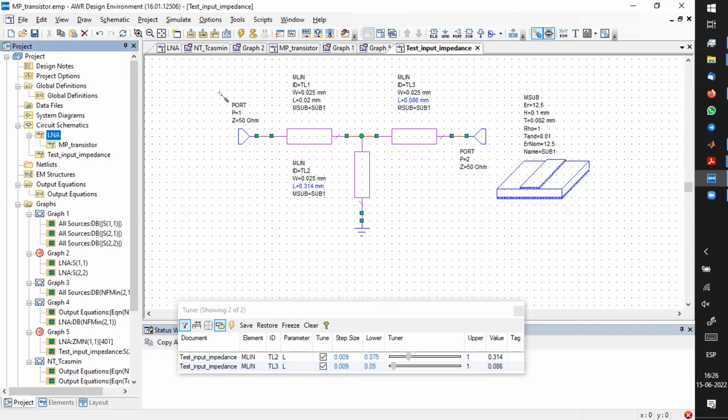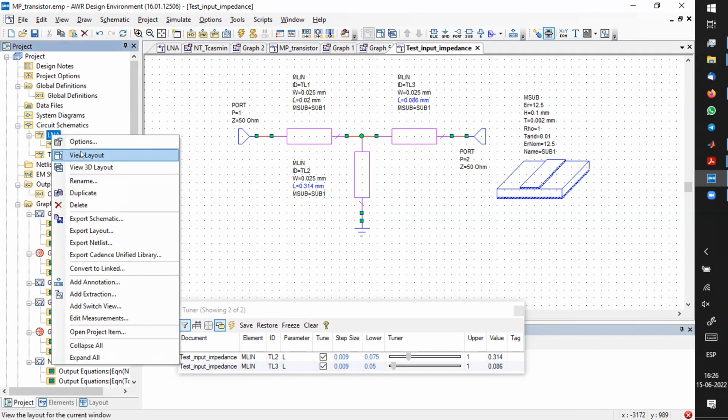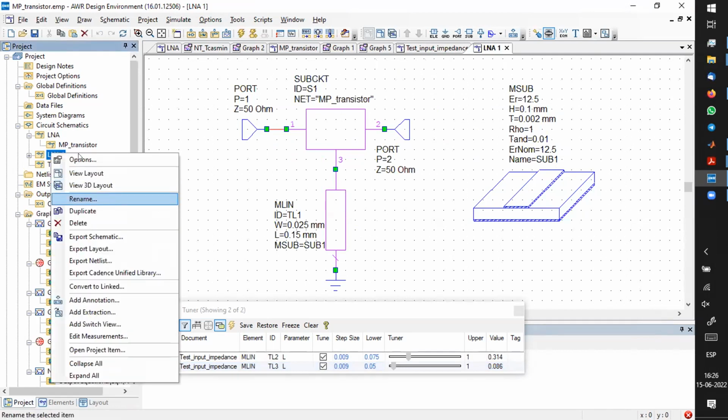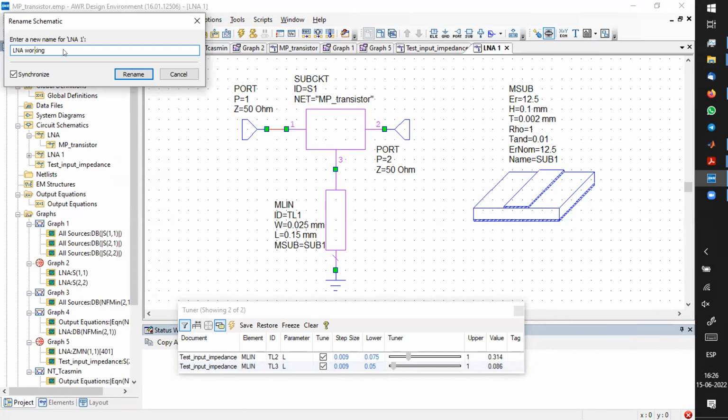Or wait a second. Yeah, let's do it that way. Just thinking, how does the AWR work? But then we will lose again the point on the Smith chart. So we will need to bring the transistor here, right? There is another way. It's not working.